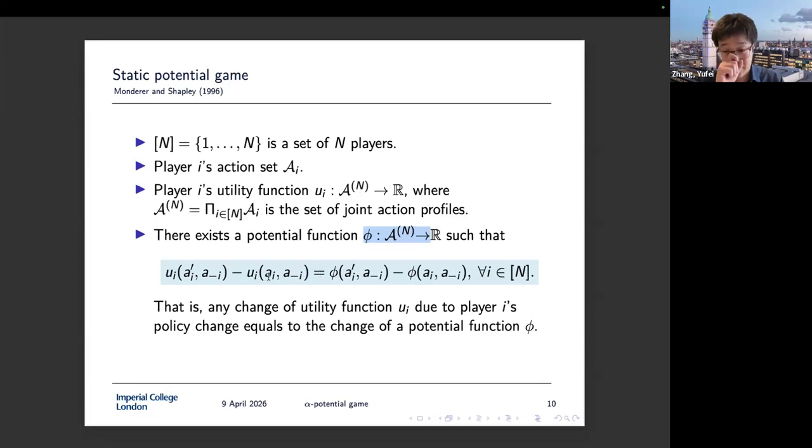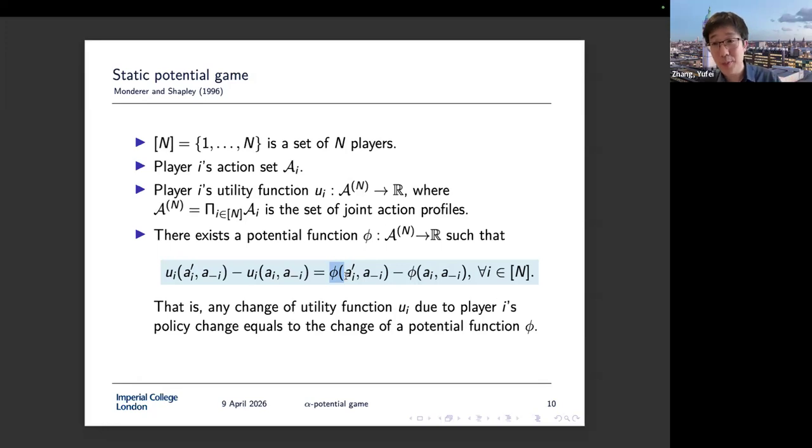What this means is that for any player i, if player i unilaterally deviates her action from a_i to a_i prime, the change of player i's utility is equal to the change of the potential function. If such a function exists, then they call this game a static potential game, and this common function phi is called a potential function.